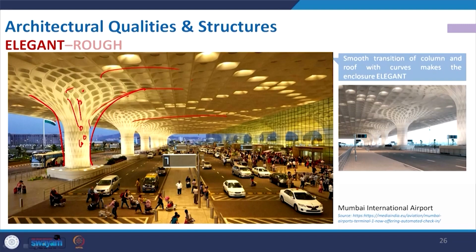So, basically the overall ambience gives a sense of elegant quality of architecture, and it is possible through the structure. As I mentioned, for the airport this is a huge span. If you can get some idea, this is a car of less than 2 meters, and you can place it. So, this is a huge span supported with this smooth transition, creating this piece very elegant.